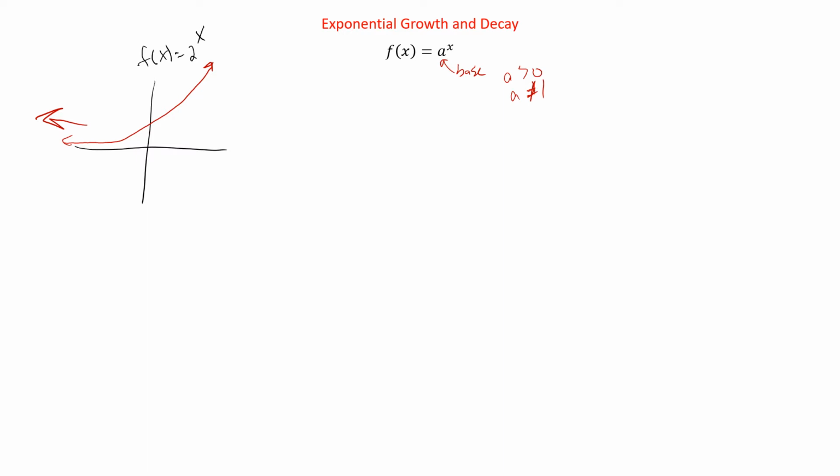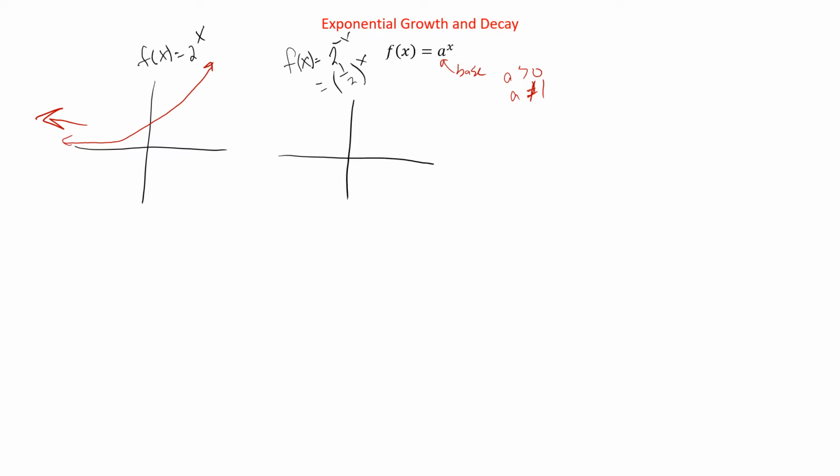If we had f of x equals 2 to the negative x, that's going to be a horizontal reflection, and that could also be written, since that negative could be 2 to the negative 1, as 1/2 to the x. Those are the same thing.